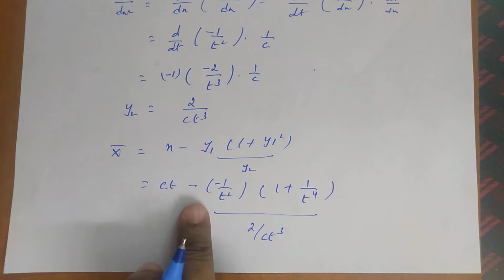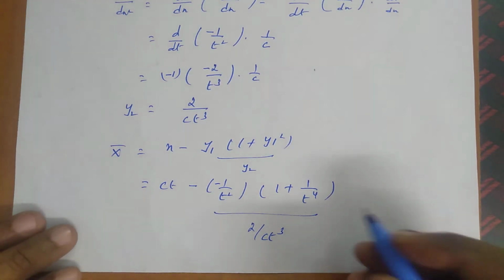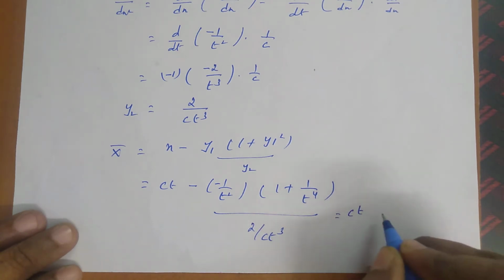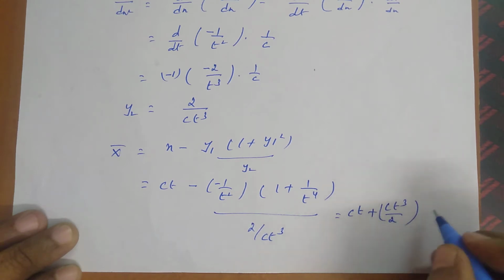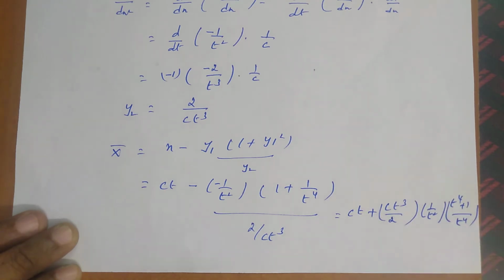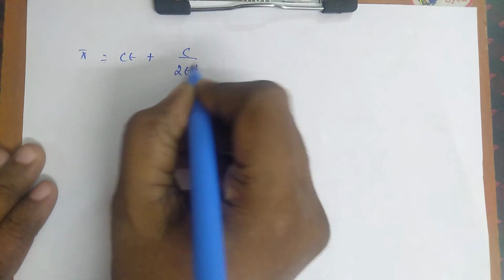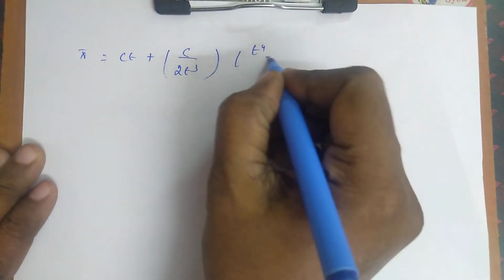Here the first step is minus into minus, this will become plus, and the 2 by ct cube will come into the numerator. So this is equal to ct plus ct cube by 2 into 1 by t square, and you can take the LCM, so (t power 4 plus 1) divided by t power 4. So x bar equal to ct plus c by 2t cube into (t power 4 plus 1).